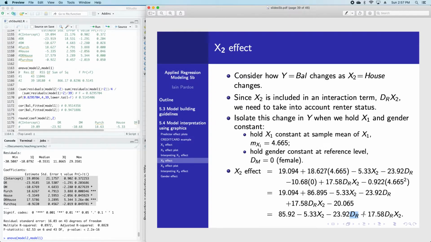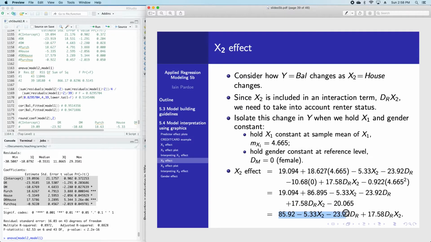And the reason is because I'm trying to figure out how y changes as x2 changes. And I've got x2 here, and so if I plugged in dr equals 0, this piece would go away, and I'd lose the relationship that y has with this interaction term. Okay, so that's why I haven't plugged in dr equals 0 here. I've left that in my equation.